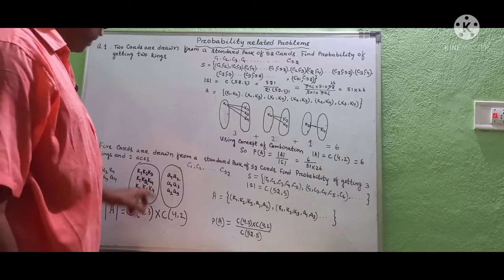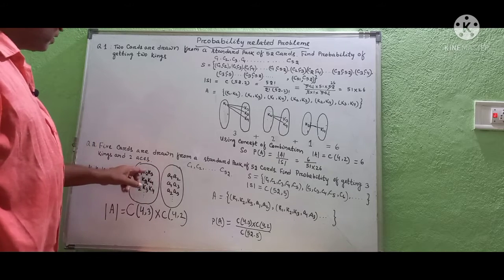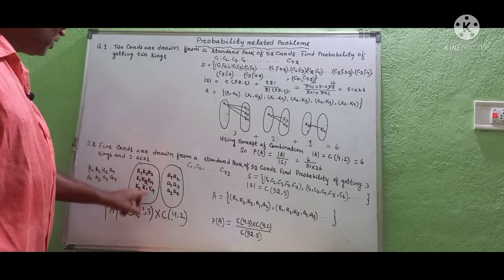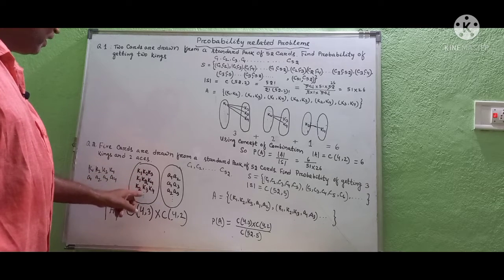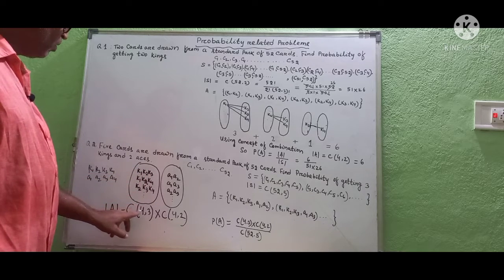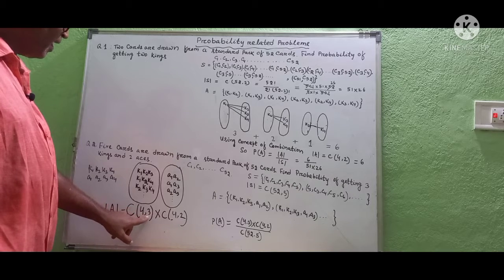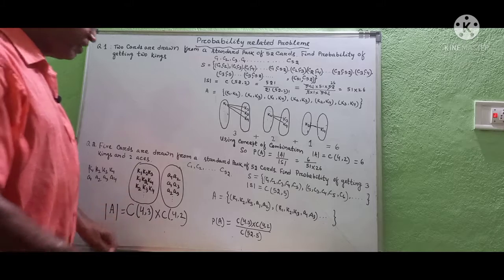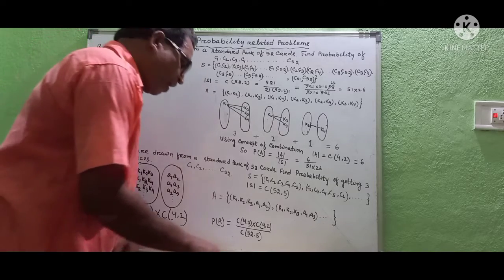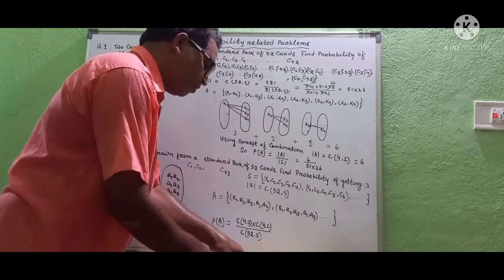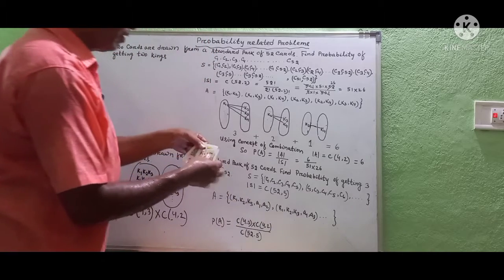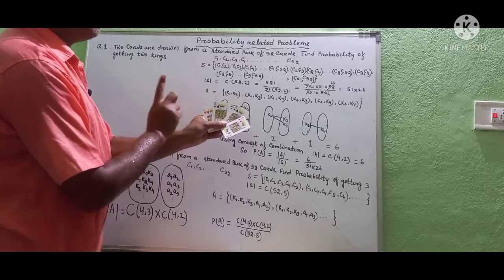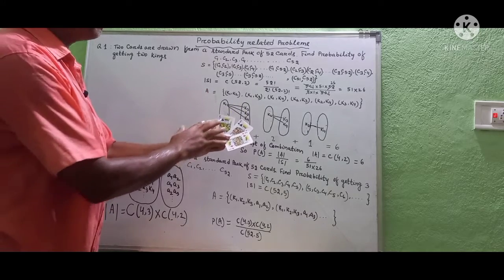Here the concept of combination: you will have to choose 3, so you will get C(4,3), 3 cards out of 4, any 3 cards out of 4.